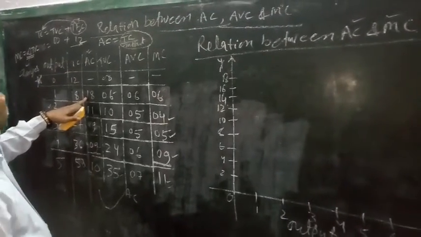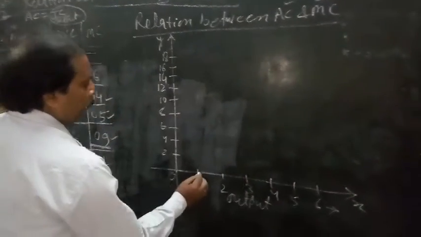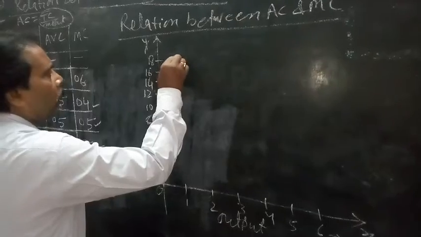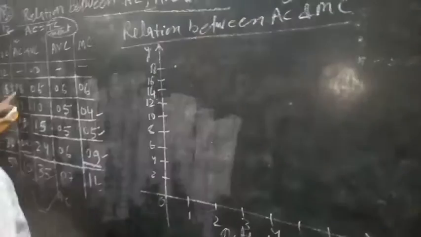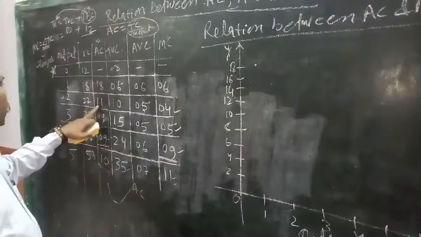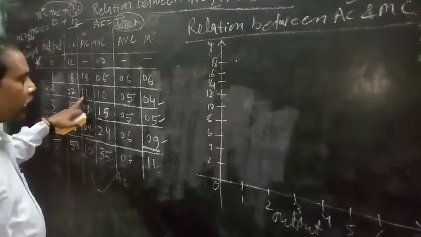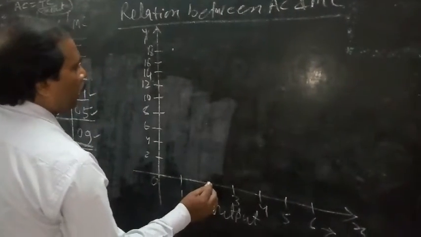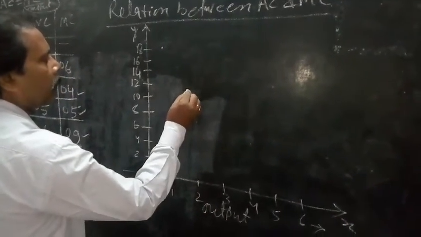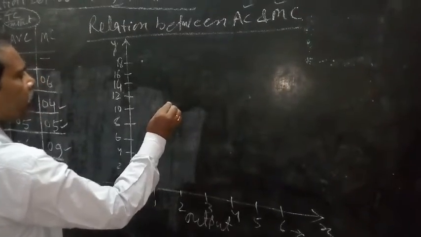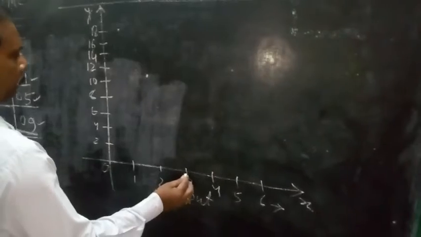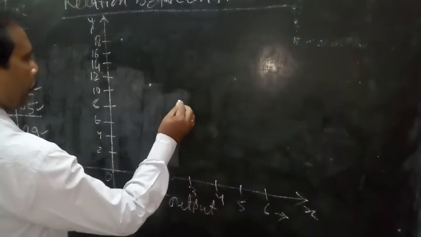When the output is 1, the value of AC is 18. So put a point here. Now when we produce one more unit, the second unit, the AC starts to fall and it becomes 11. Okay? Now comes the third, it becomes 9.